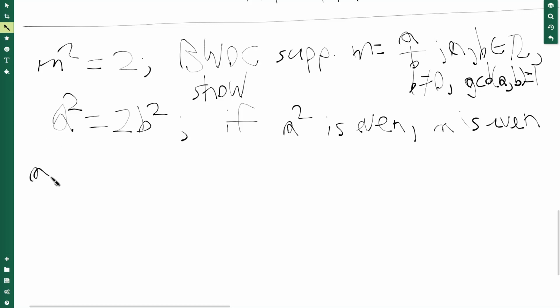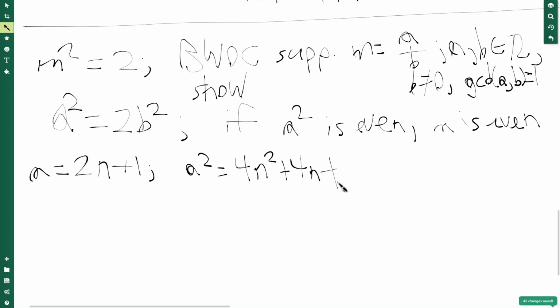So if a is odd, we can write a as, let's say, 2n plus 1. Okay, so a squared is equal to 4n squared plus 4n plus 1.